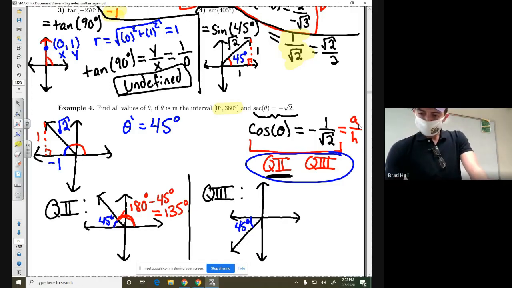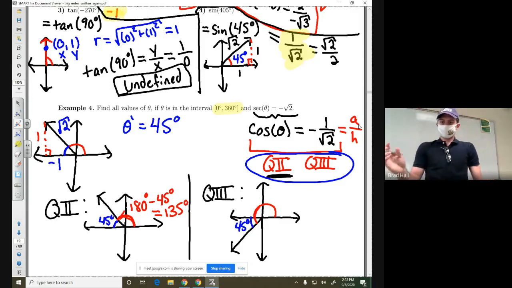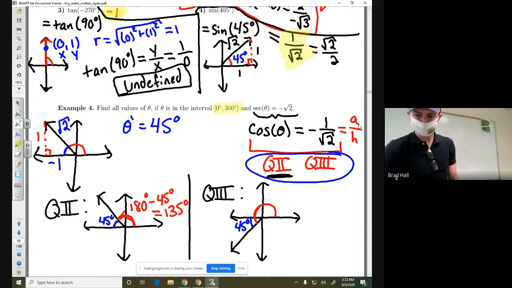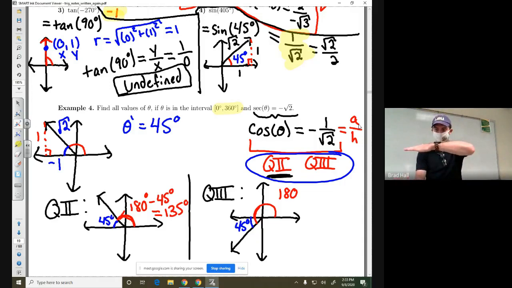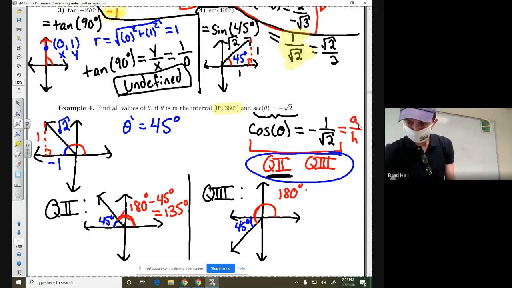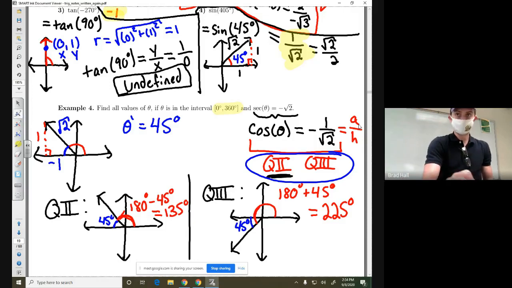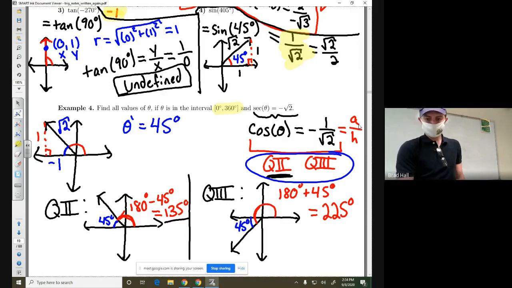So the question is, what would the whole angle be? 225. Yeah, 225. That would be the 180, which is the flat line, and then it tells you, just go 45 more degrees. And that's where you get the 225. So that's your two answers. It's okay that you get two. You get 135 for the quadrant 2 answer, and you get 225 for the quadrant 3 answer.